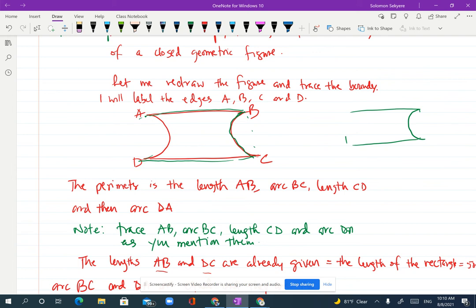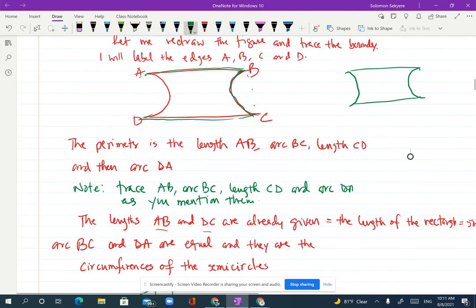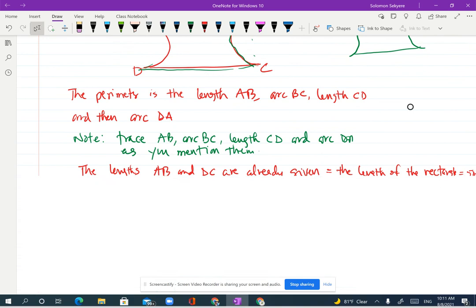So the length of BC is no longer the 28. BC becomes the circumference of the semicircle. So we need to calculate BC and then AD or DA, the same thing.